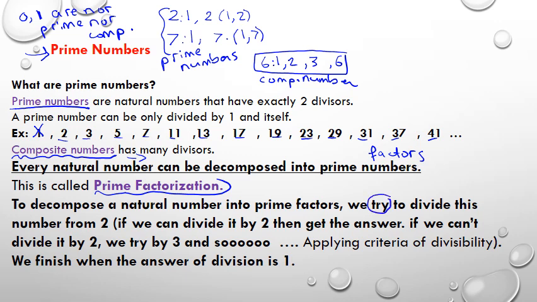We might be able to divide the number by 2, or we might not. If we can divide it by 2, we divide it. If we can't, we try by 3, and so on, until we arrive at a division answer of 1. When the answer of the division is finally 1, we stop.